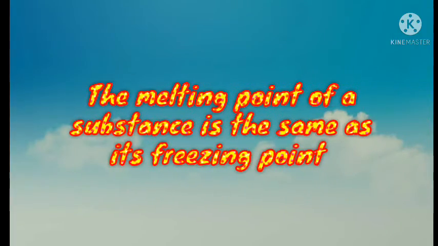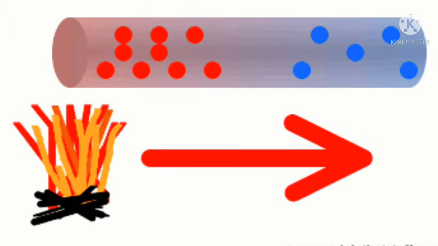The melting point of a substance is the same as its freezing point. I'll come again. The melting point of a substance is the same as its freezing point. This simply means the same time it takes a substance to melt is the same time it will take that substance to freeze.